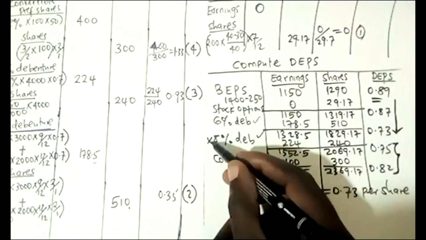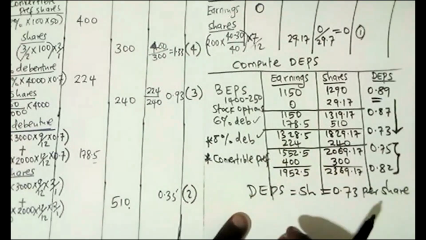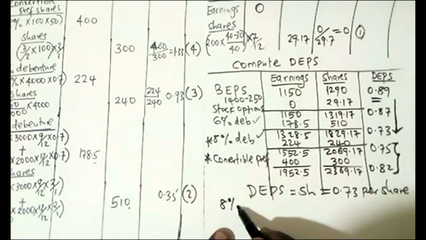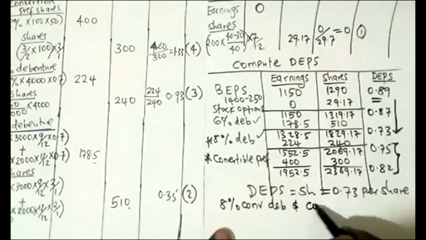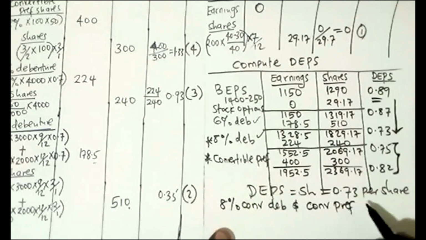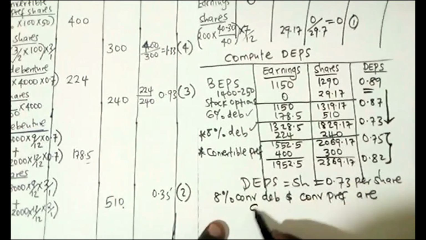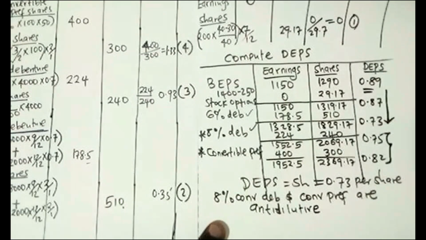So the 8% convertible debenture and the convertible preference shares are anti-dilutive. Those securities are anti-dilutive. And that marks the end of the question.